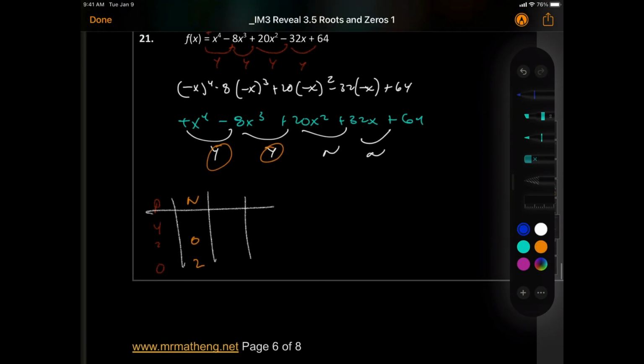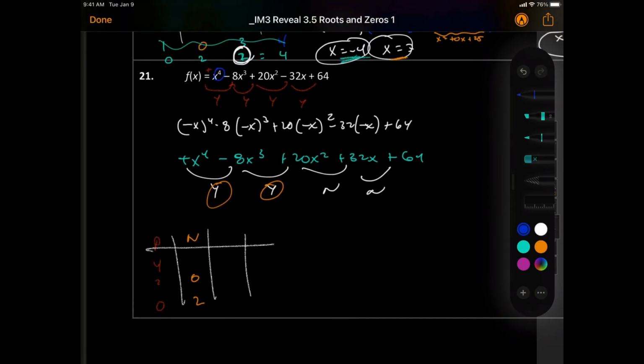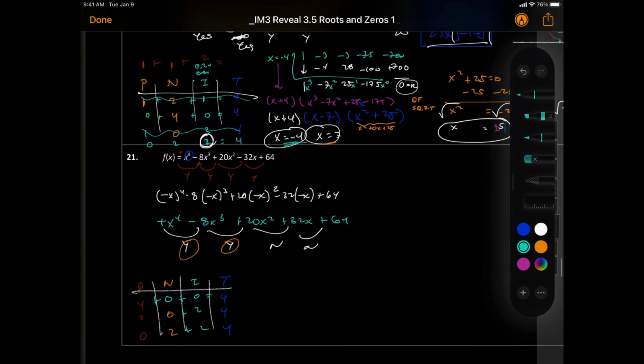Total is the highest degree. And then imaginaries would have to work like this. 4 plus 0 plus 0 equals 2. 2 plus 0 plus 2, or 0, 2 plus 2. Okay? So these are all the combinations we have.